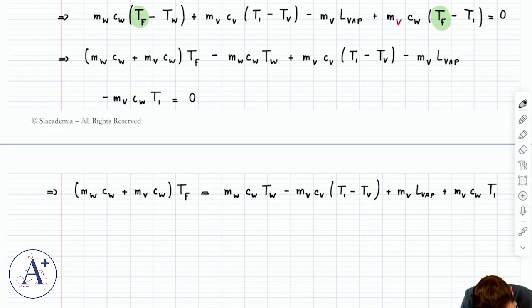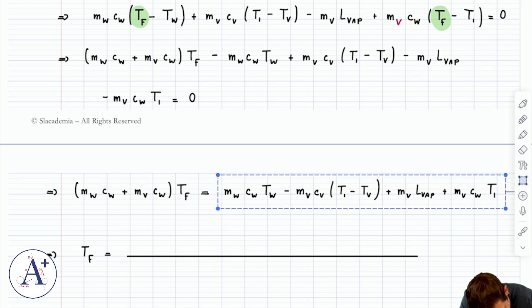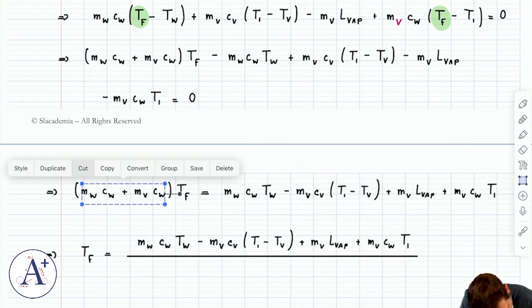And so finally, final temperature, T final, is going to be equal to all of this divided by all of this.